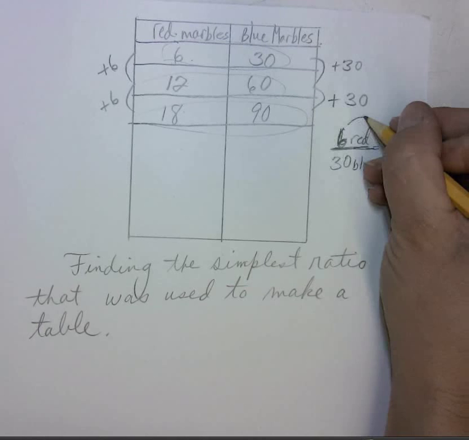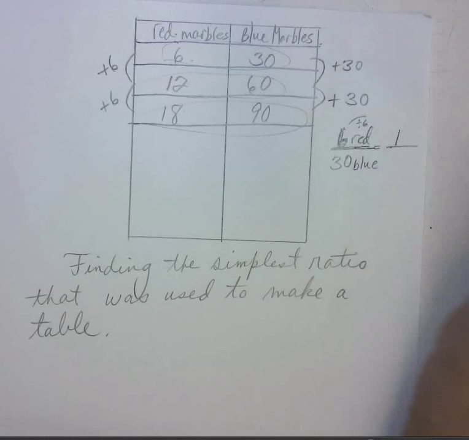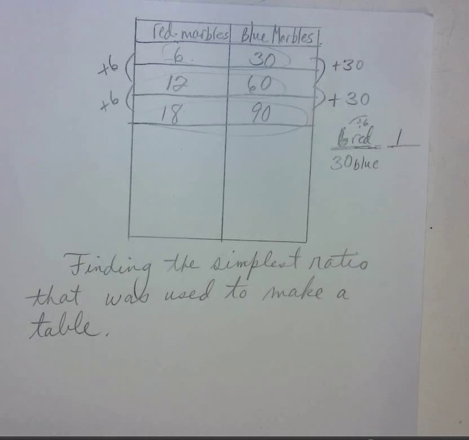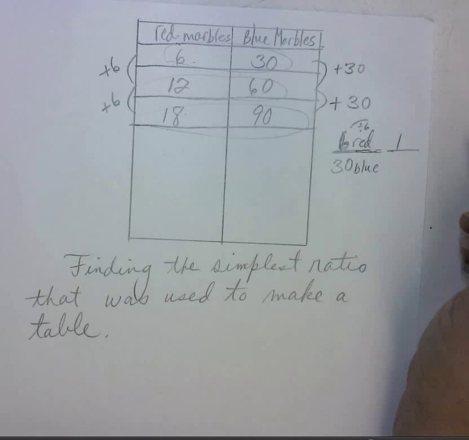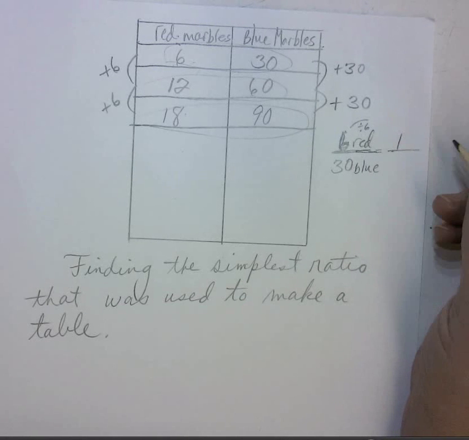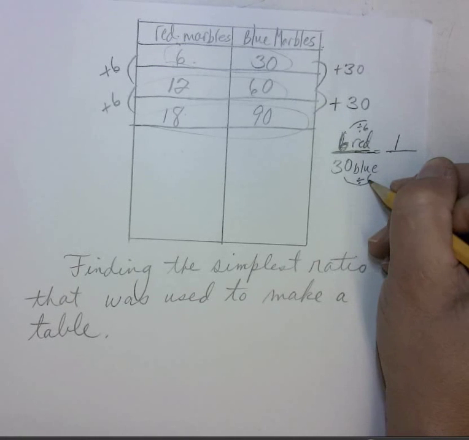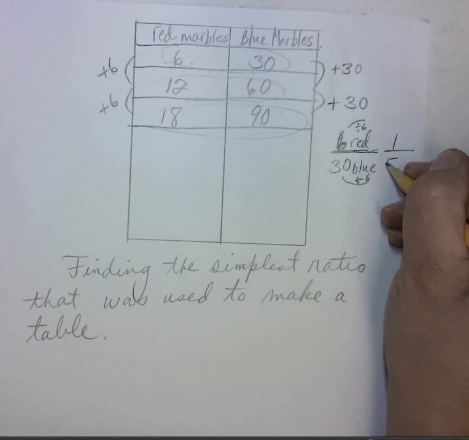I need to create that 1 in order to simplify the ratio to its lowest terms. And once again, whatever you do to the top, you do the same thing to the bottom. 30 divided by 6 is 5.